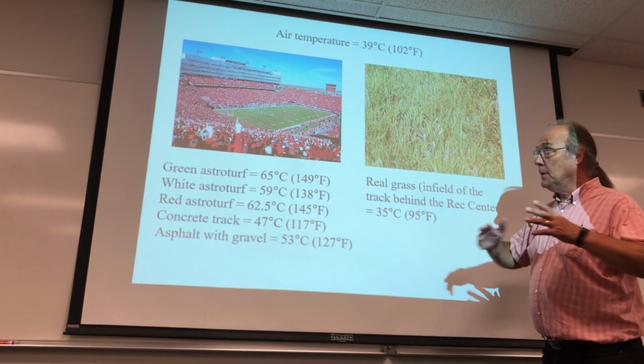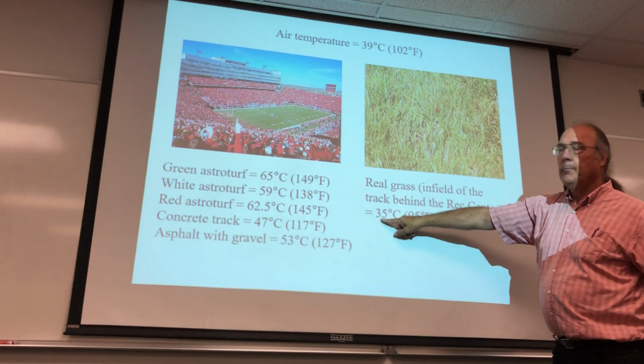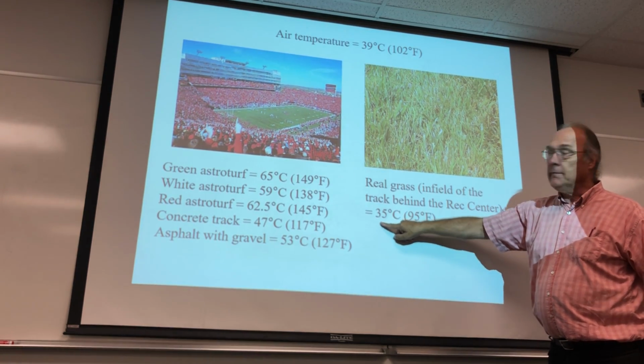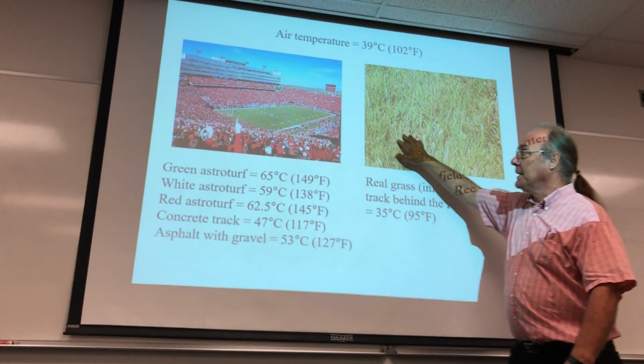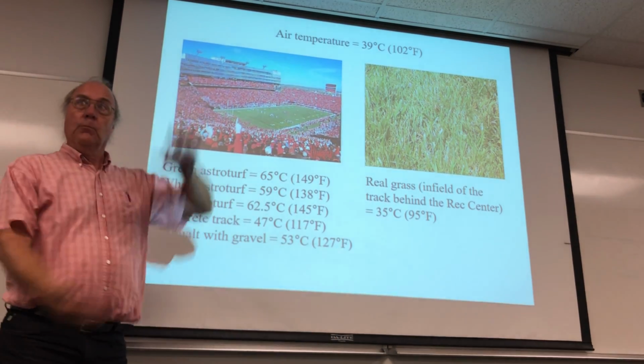As long as there's plenty of water around, the stomata are open, the leaves can evaporate water. That moderates plant temperatures. It takes a lot of energy. Otherwise, if they can't evaporate water, like this green plastic over here, the temperatures are way up there.